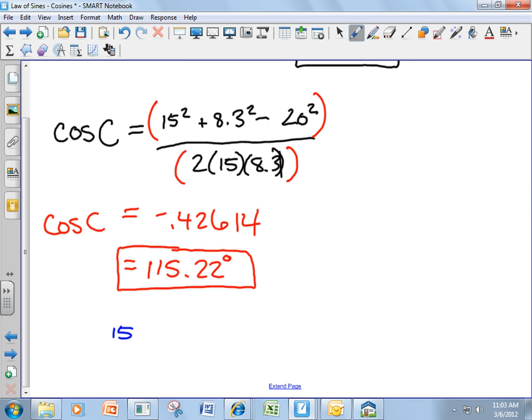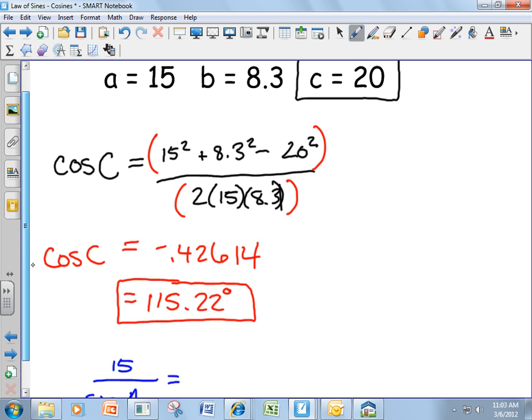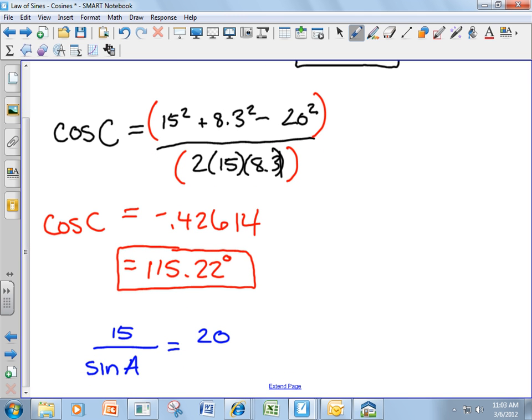15, I'm going to find sine of A, so angle A is what I'm going for next. And then I'm going to use my information for C, which side C was 20, over angle C that I just found. So you can cross multiply and divide, and then you're going to have to do the inverse sine of what you get.